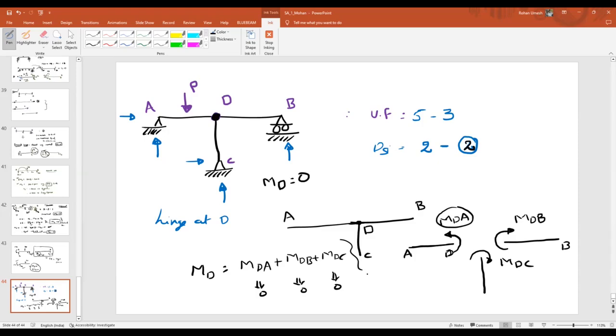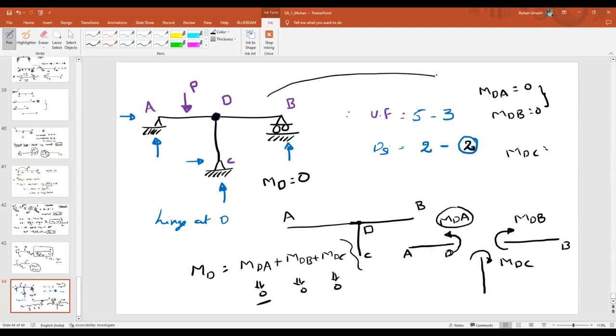Is it right? As there is no resisting moment at point D, MDA should be 0, MDB should be 0, MDC should be 0, isn't it?